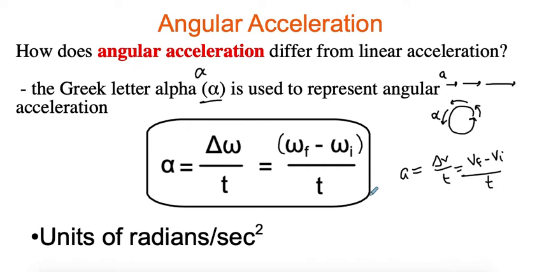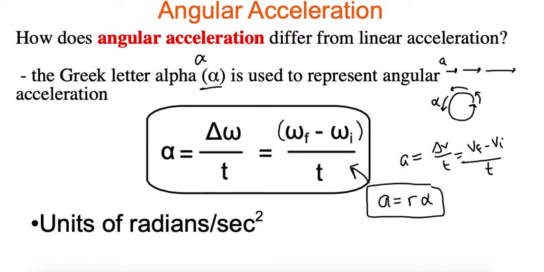To relate this angular acceleration to linear acceleration, this is our equation for that. So acceleration equals radius times angular acceleration. So that could be another thing that you could write down. However, we can use our linear and angular velocity equation to get the same thing.